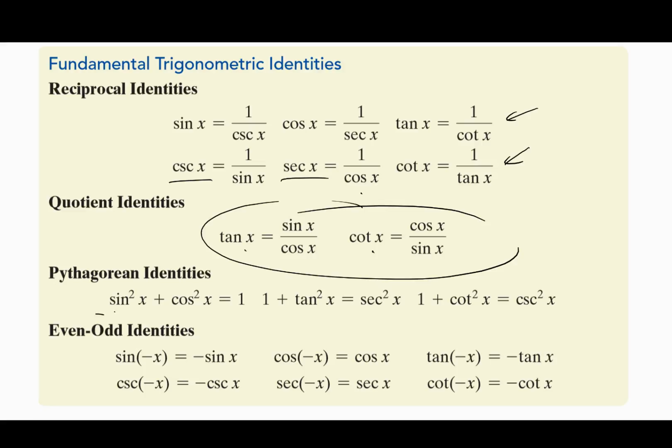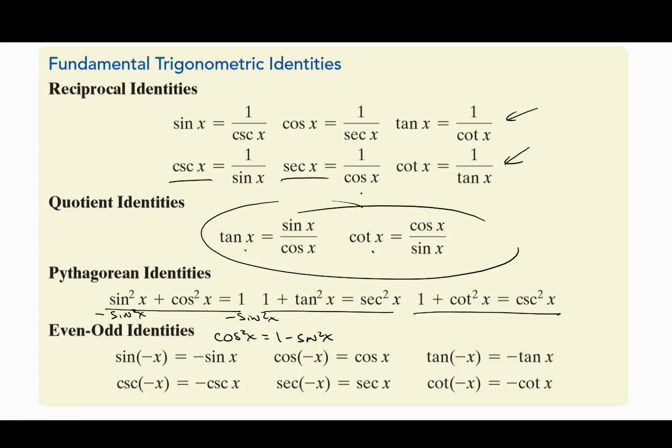You could subtract the sine squared from both sides, and now you have a new identity that says cosine squared is equal to 1 minus sine squared. So you can rearrange all three of these Pythagorean identities into three different forms: you can subtract the sine from both sides, or subtract the cosine from both sides.